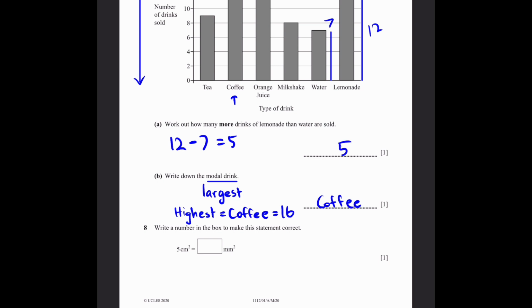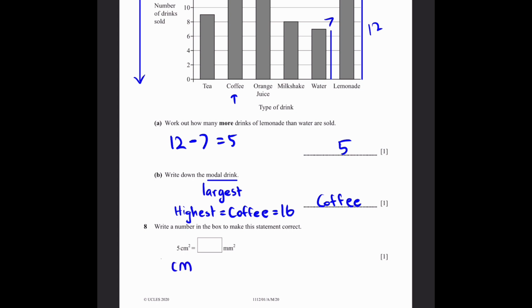Question 8. Write down a number in the box to make the statement correct. 5 centimeters squared is dash millimeters squared. You will know that 1 centimeter is equal to 10 millimeters.